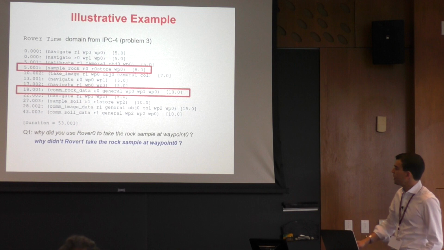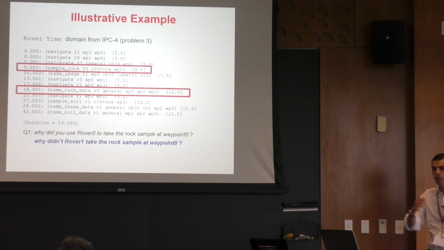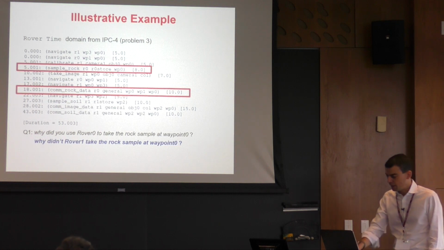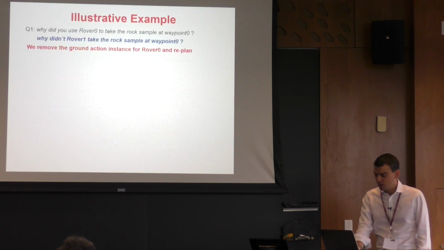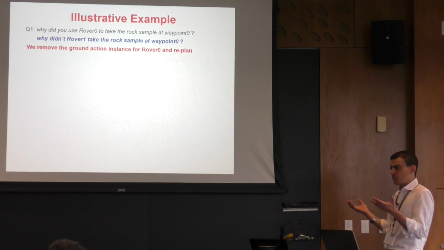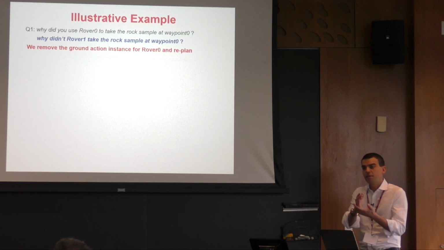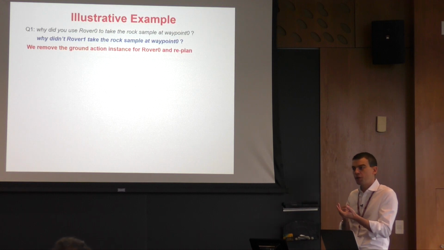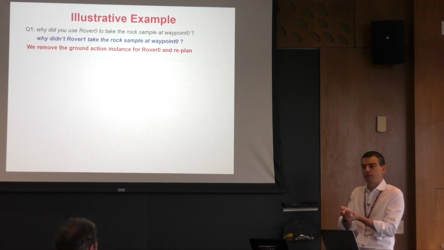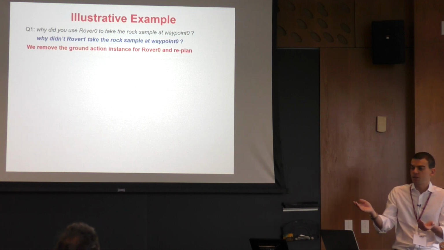Another way of looking at this question is: why didn't rover 1 take the rock sample at waypoint 0? Why didn't we use the other rover? One algorithm to answer this is to run the plan up to the point where the human wanted to suggest an alternative, use rover 1 instead of rover 0, and then replan and see what happens.